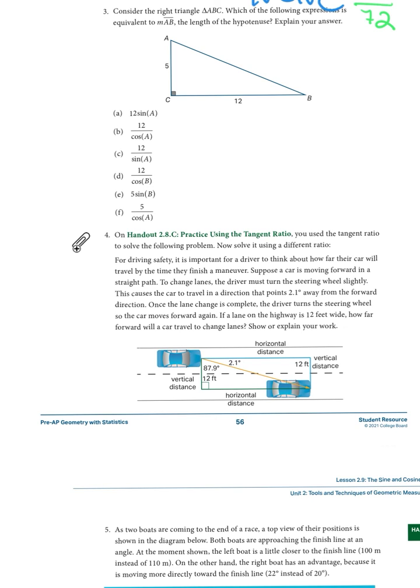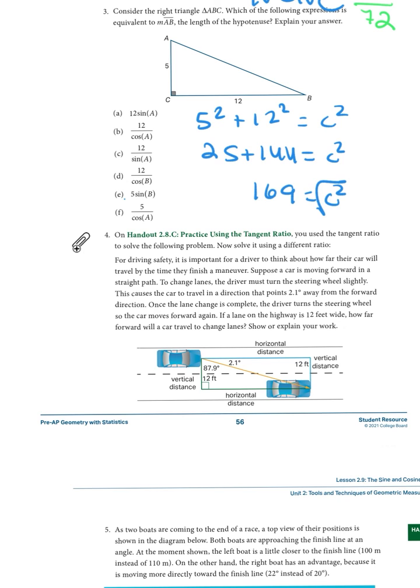So 12 sine A. We need to know what the hypotenuse is here. So I do Pythagorean theorem: 5 squared plus 12 squared is equal to c squared. That's 25 plus 144 is equal to c squared, which gives me 169. Take the square root of that, so I get that c is equal to 13. So this is 13 right here.